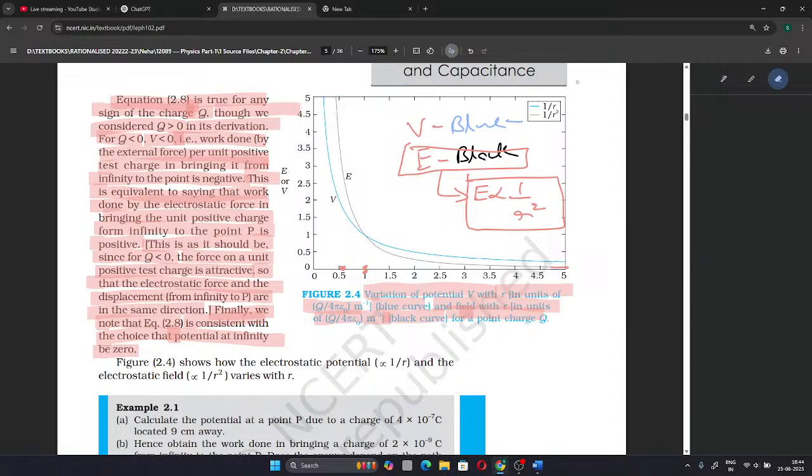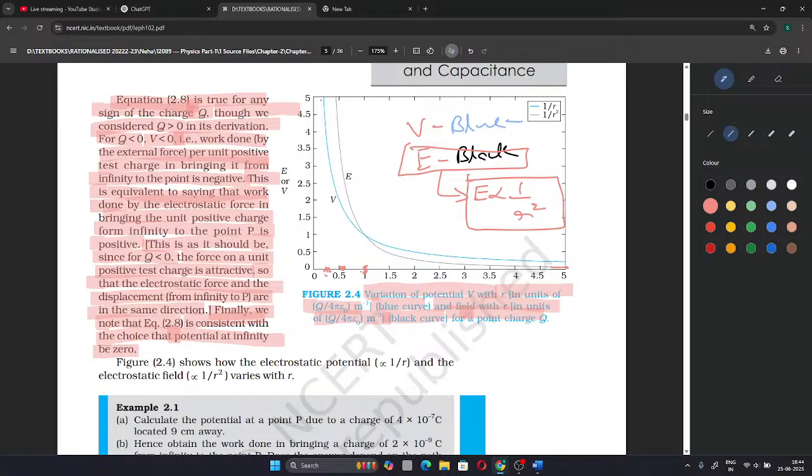Because it depends on 1 by r, the decrease is maximum at this point, more than at that point.